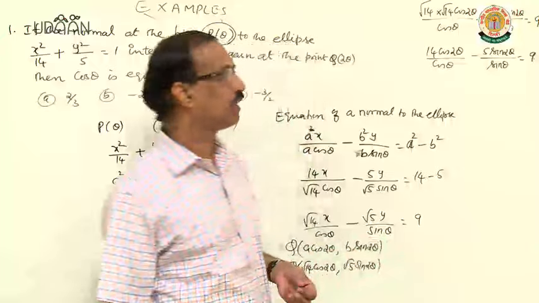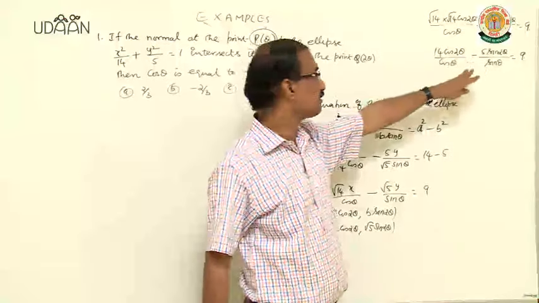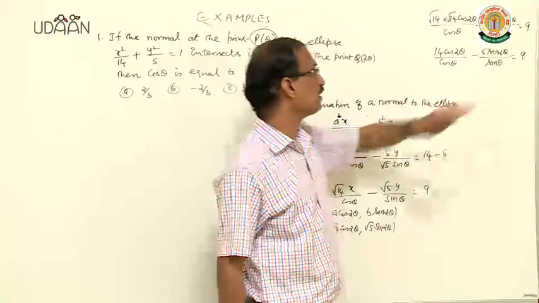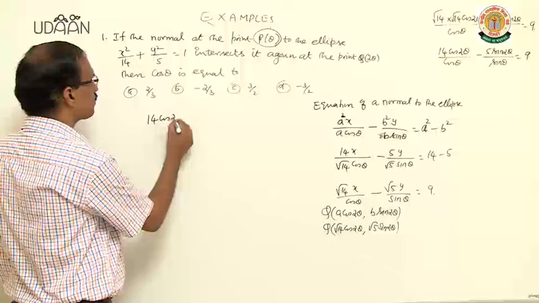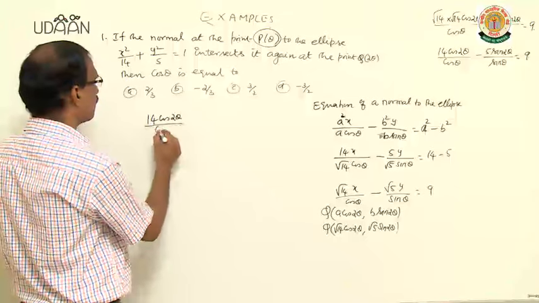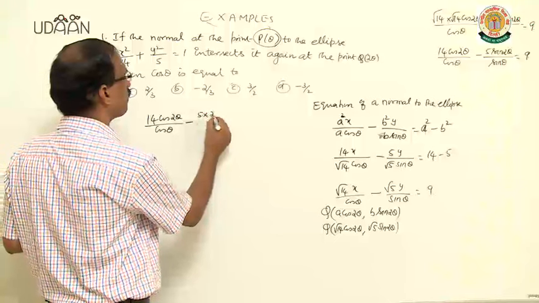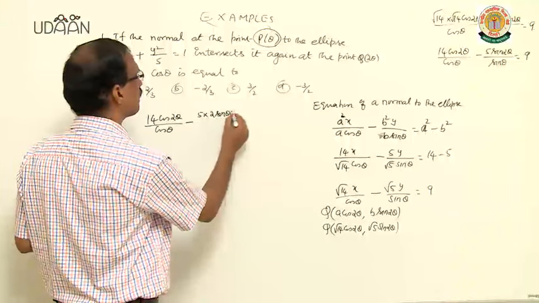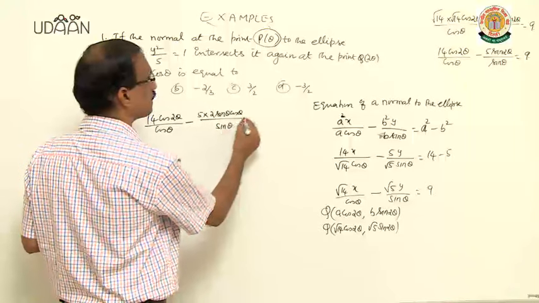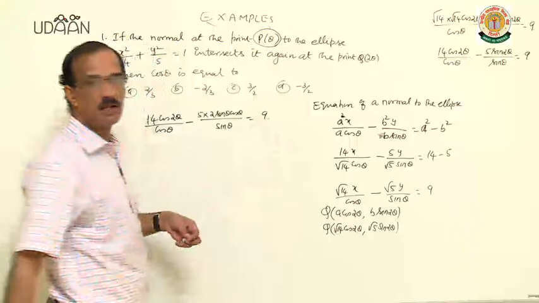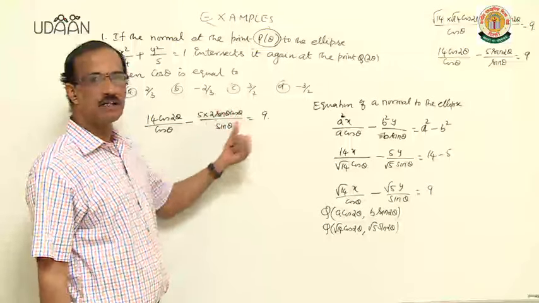Now 14 cos 2 theta by cos theta minus 5 into 2 sin theta cos theta by sin theta equals 9, because you know sin 2 theta is 2 sin theta cos theta.